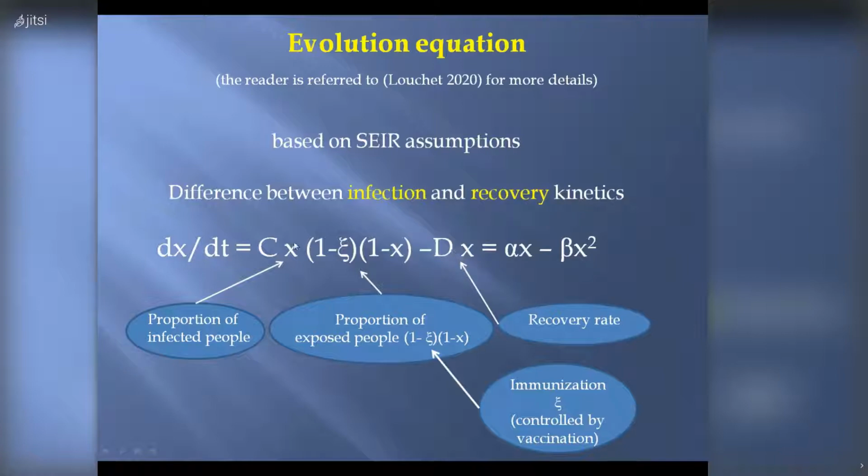This is a quadratic expression which can be written alpha x minus beta x squared. In these two terms, the first one, the infection term, varies as the product of the number of infected people, which means contagious people, with the number of still not infected but susceptible to be, 1 minus x, corrected by an immunization factor.